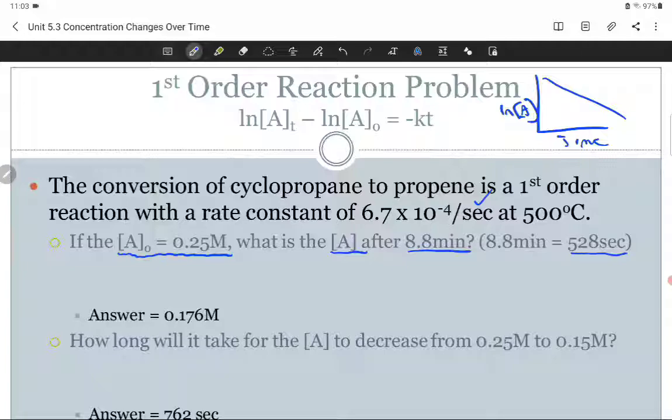So now it's plug and chug. It's a little more in-depth plug and chug, but it's plug and chug. So we don't know the concentration A at a certain point in time, but we know the concentration initially, and then that's going to equal the rate law constant.